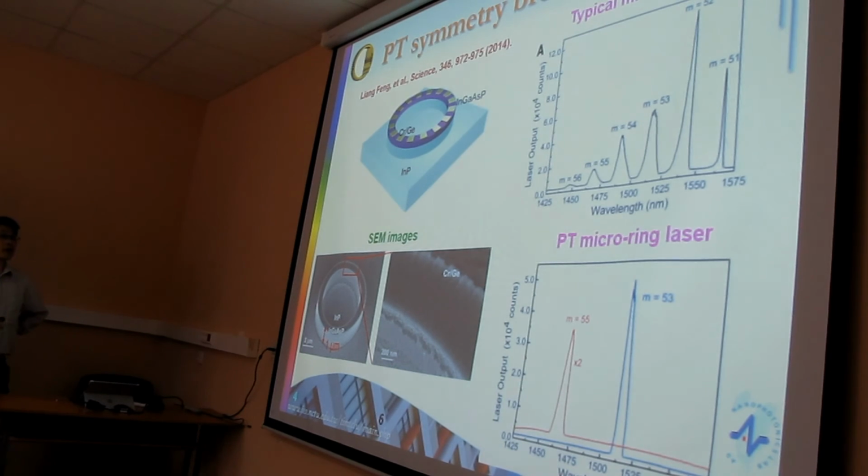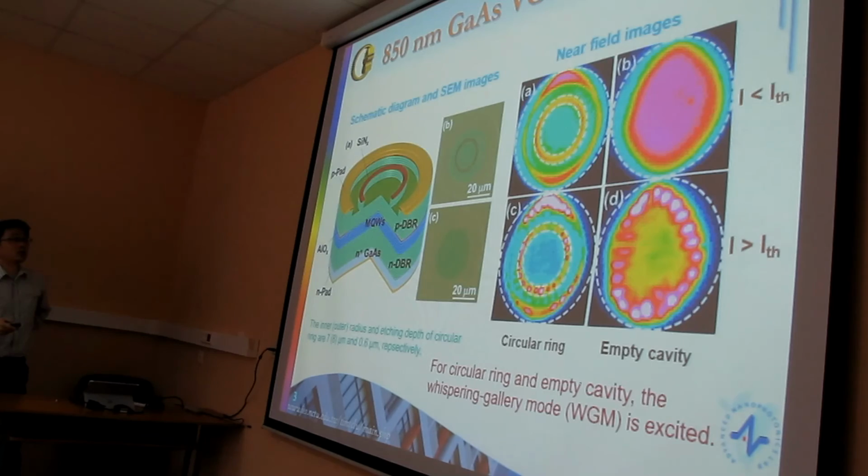They fabricated 2 cases: one is a typical microring laser and the other is the PT microring laser. In their structure, they use the PT breaking mechanism to demonstrate single mode lasing. So this topic can solve our problem to reduce the visible gain more.